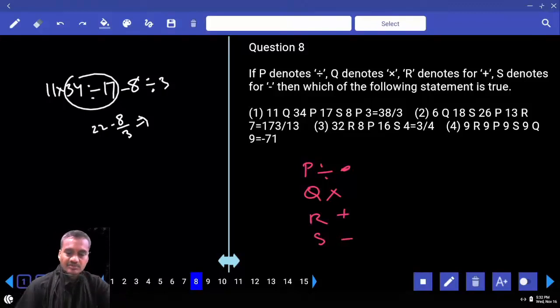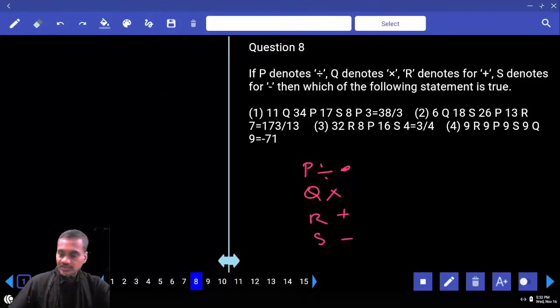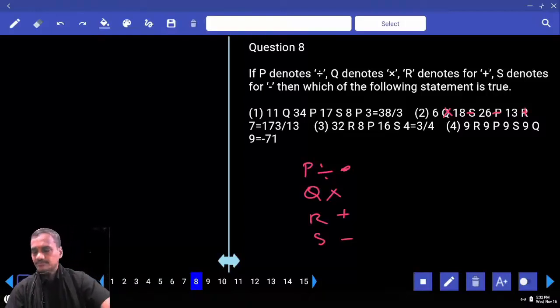Then similarly coming to choice 2. Now in this choice 2, 6 Q 18 S 26 P 13 R 7, where S stands for minus, P stands for division, and R stands for plus. Now 26 divided by 13 is 2.